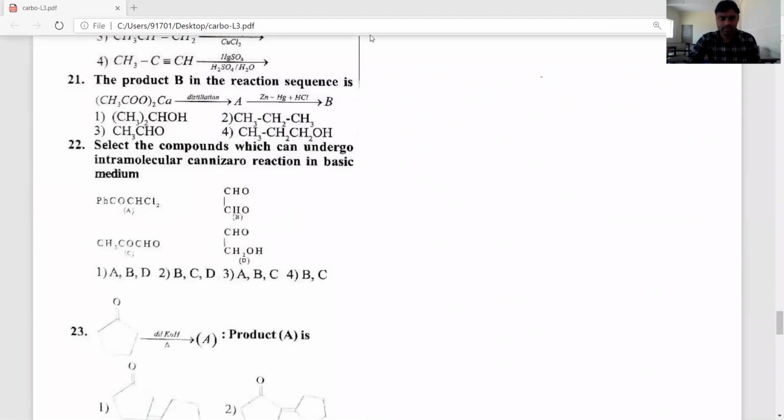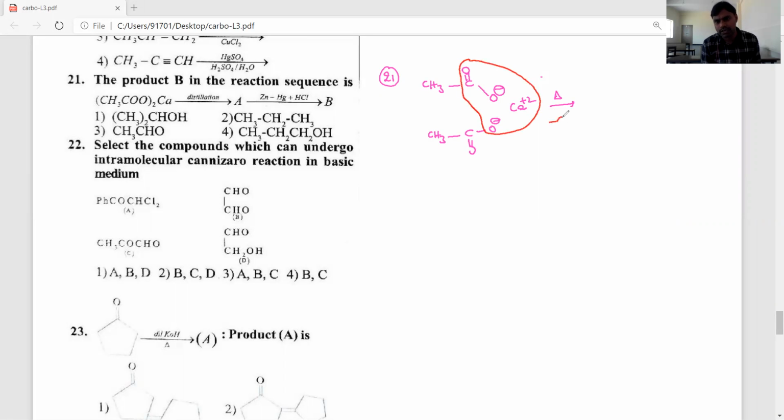21. See, calcium salts of carboxylic acids on distillation produce ketones. That ketone, with zinc amalgam and HCl, Clemmensen reduction, is converted into alkanes. The 21: CH3 C double bond O minus and Ca plus 2, on distillation, upon heating, with loss of calcium carbonate, produces CH3 C double bond O CH3.